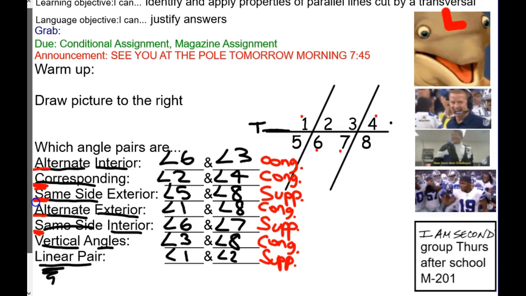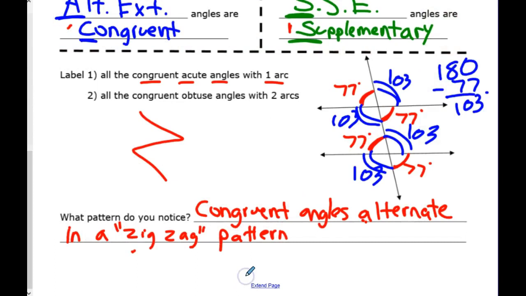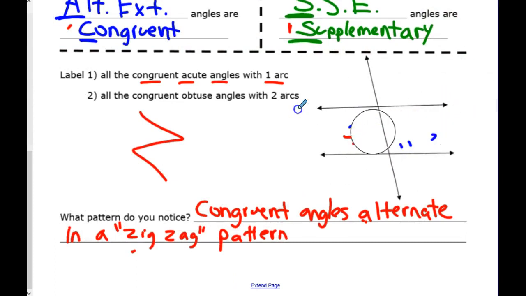So you got to know those, and I'm going to refresh your mind real quick. This was on your notes yesterday, right? And when you're finishing your assignment from yesterday, today, okay, we went over this. If I have an angle right here, let's say that's 80 degrees. What's the pattern that I can put 80? I call it a zigzag, okay?